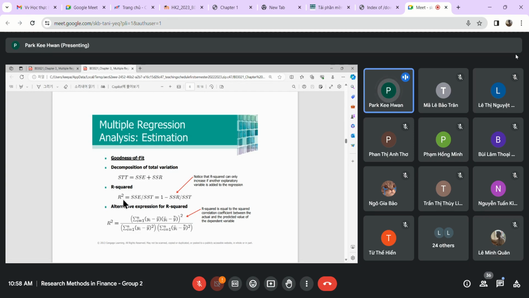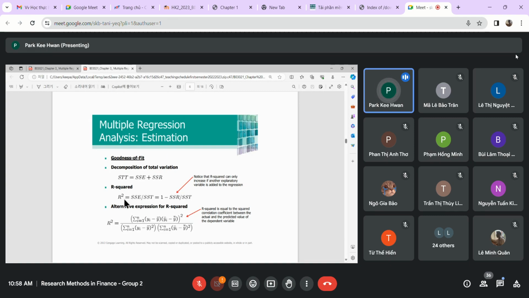So if your regression explains 100% of the variation in y, then the fraction will be 1.